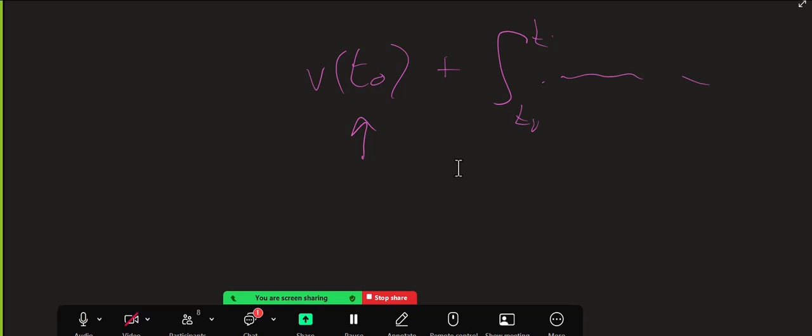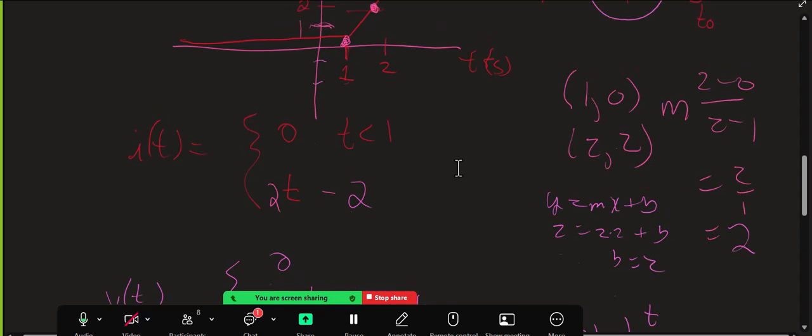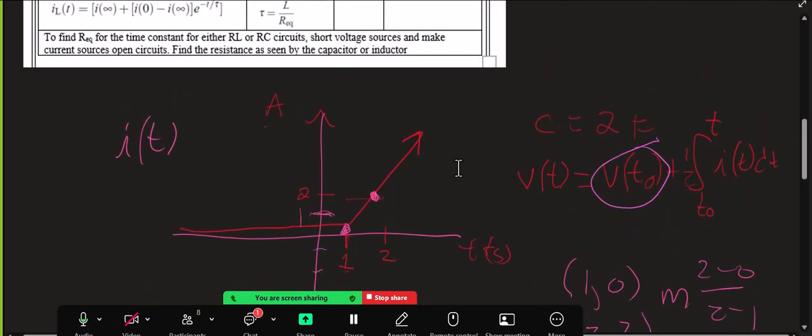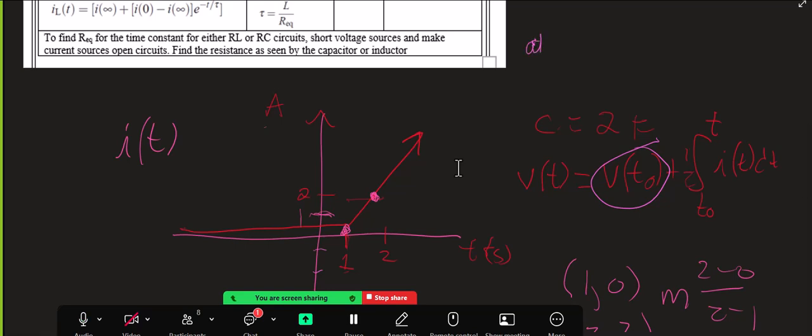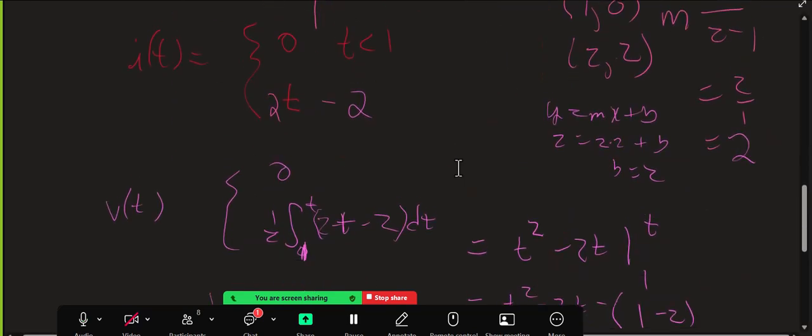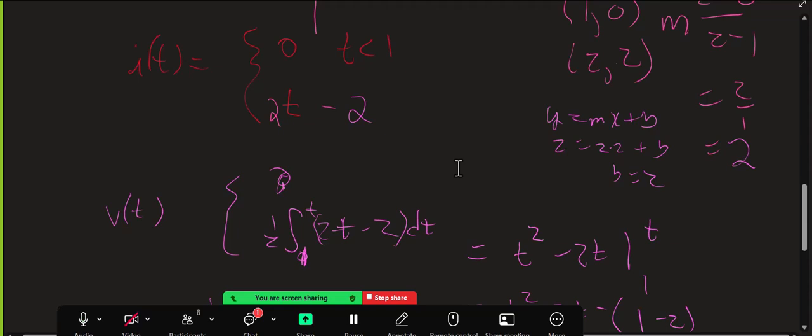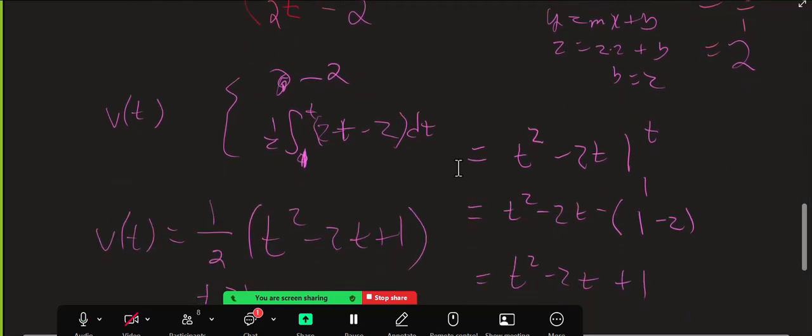So just to make it easy, if we said our capacitor was originally at negative infinity, the voltage was equal to negative 2, then I would have a negative 2 right here, and I would have had to have started this with a negative 2.